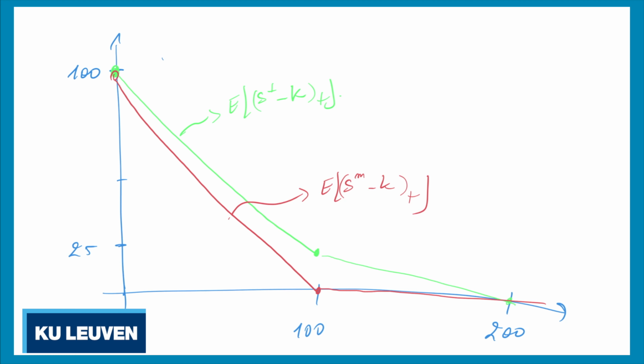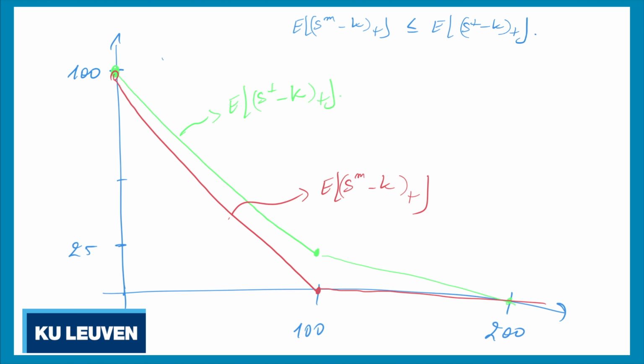And then we directly find that the expectation of (S_m minus k)+ is smaller than or equal to the expectation of the independent sum.